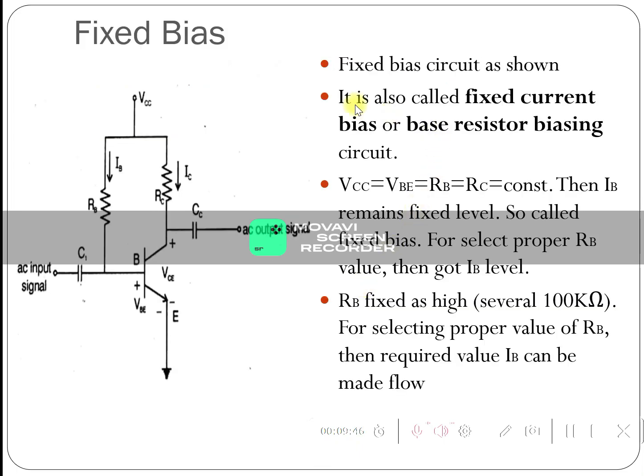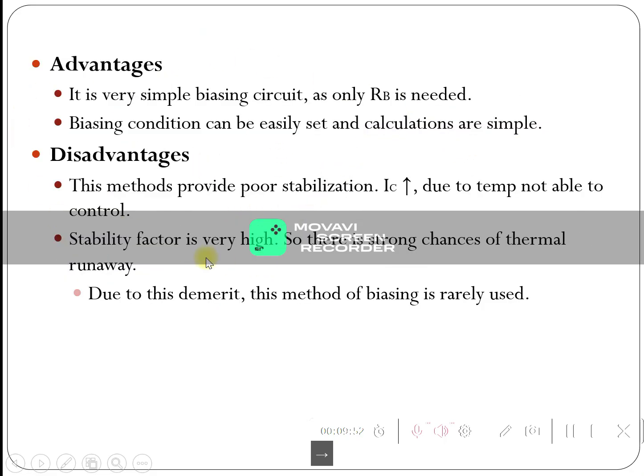Here the circuit diagram is fixed current bias or fixed resistor bias. Advantages: it is a very simple bias circuit as only a base resistance is needed. The biasing condition can be easily set and the calculations are simple.